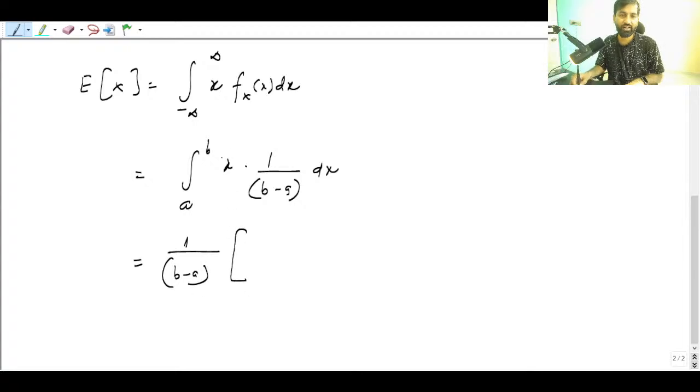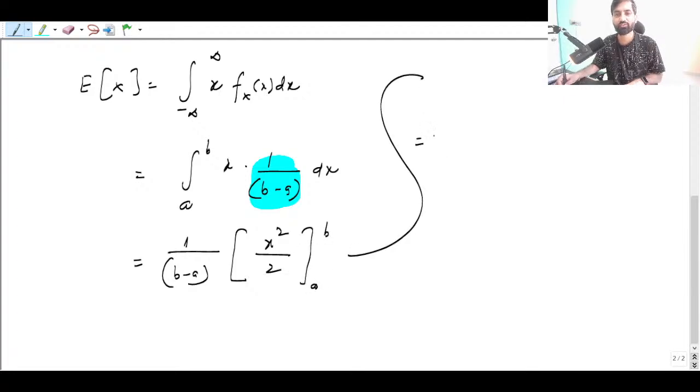Since 1 by b minus a is constant, we take it out of the integration. Now you can integrate x with respect to dx, so it becomes x square by 2 from a to b. Putting in these limits, it is 1 by b minus a times 1 by 2 times b square minus a square.